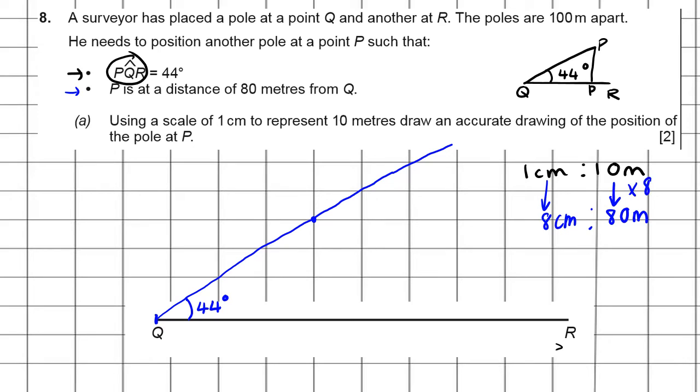Just times that by 8 to give 8 centimeters. So now measure 8 centimeters with a ruler starting at Q, and then make sure you draw a line to see where P is. So therefore P is there. That's where the pole is.